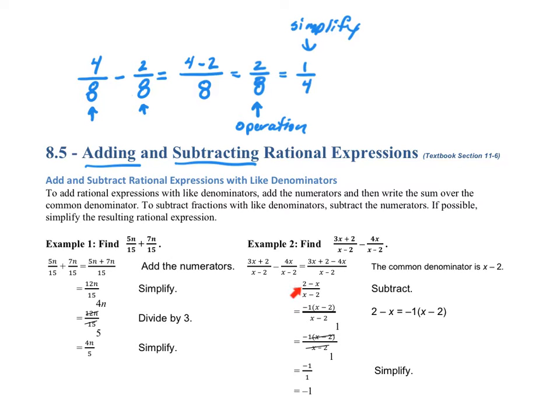So I see that there's a similarity here, so I factored out a minus 1 so I could make one of the factors in the top look exactly like a factor in the bottom. So now I can cancel those two out, and really all of this turns into a big fat minus 1.